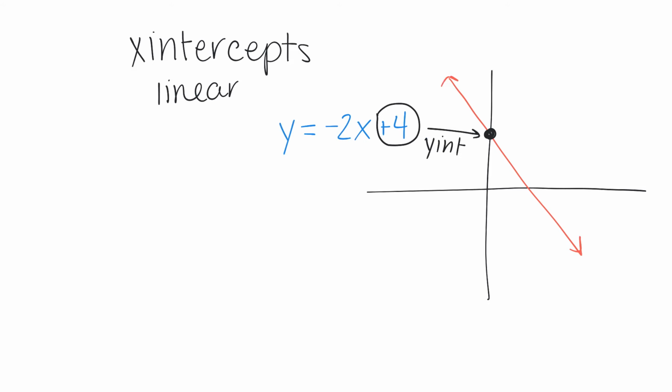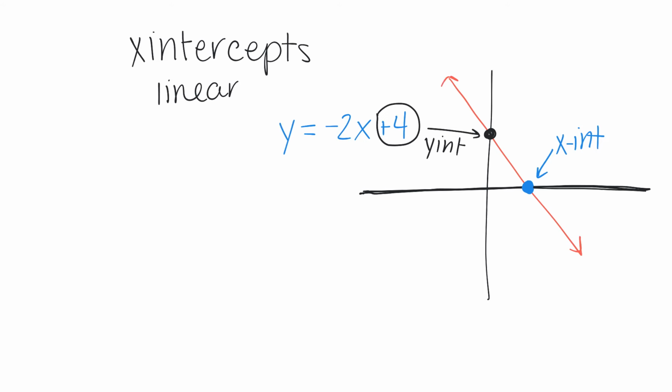It's a very important place on the graph. However, there is an arguably more important place on the graph, and that is the x-intercept. So the x-intercept is the place where your line crosses the x-axis. So this line right here, this black line I'm drawing, is the x-axis. So wherever your line crosses is the x-intercept, and it's muy importante.